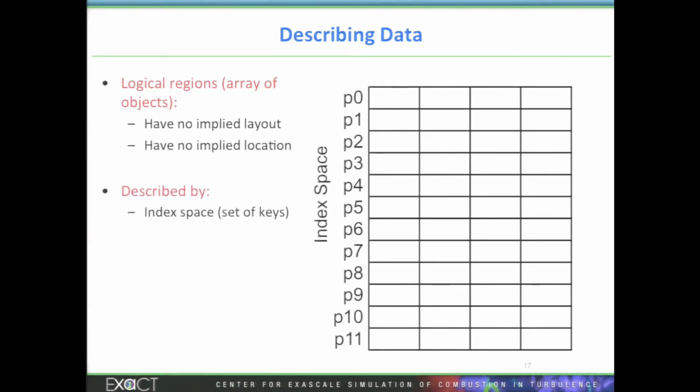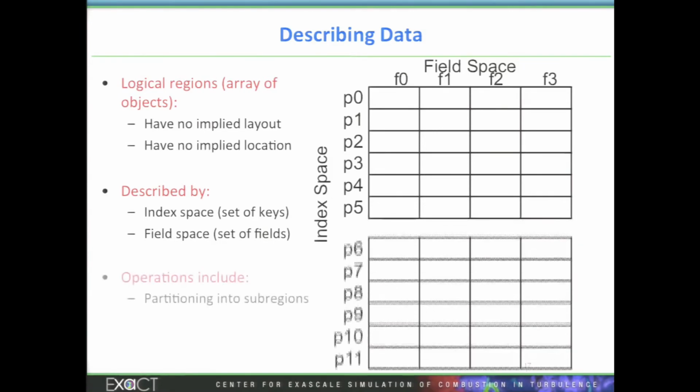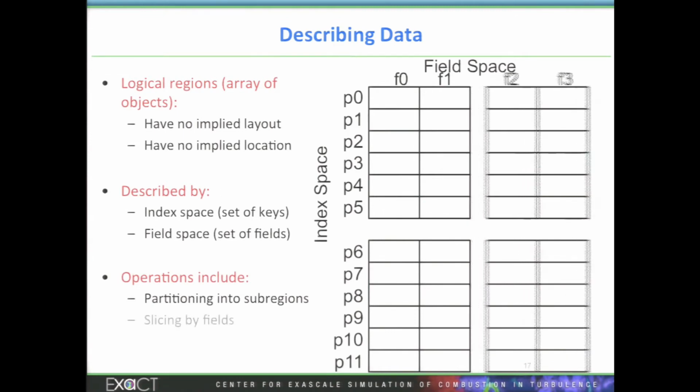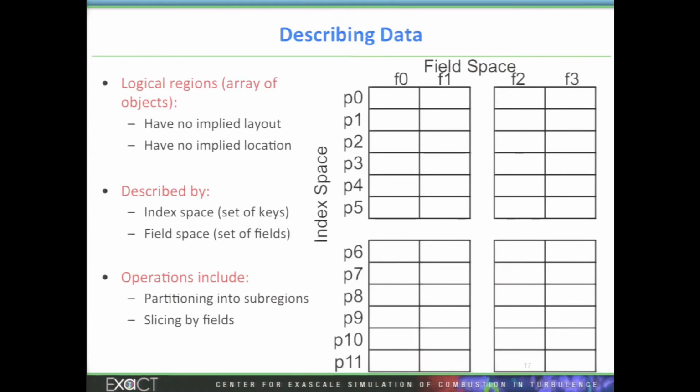These are described by index space, a set of keys expressing the array pointers to different locations, say on a mesh. These objects then have field spaces, such as temperature, pressure, and so on. You can partition these logical regions into subregions, and you can also partition the field space, and you can do this in an AMR context recursively.